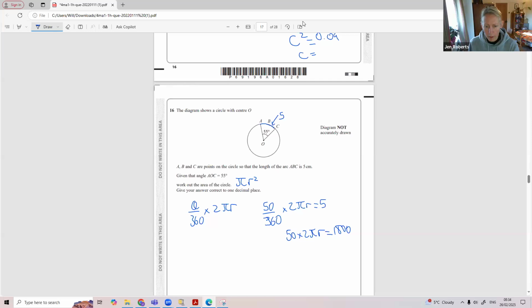Then 50 times 2 is 100. So we've got 100 pi r is 1,800. I'm going to divide both sides by 100 pi, which gives r as 5.729.